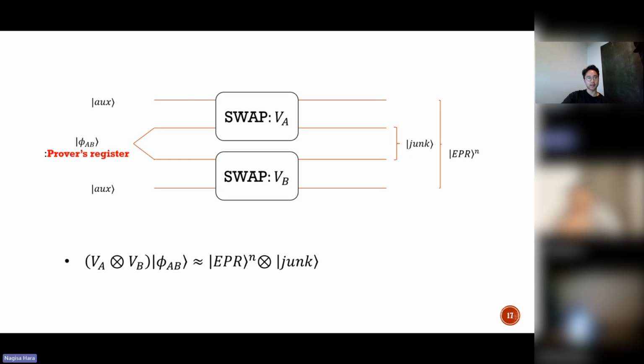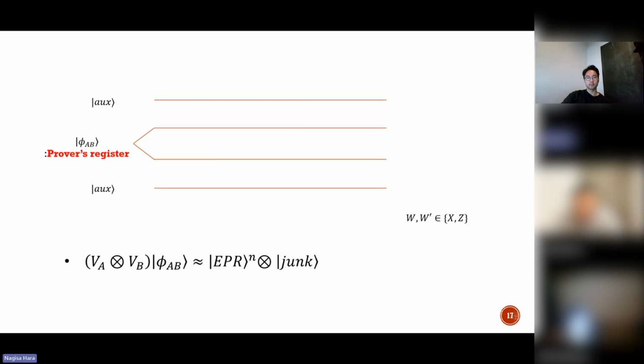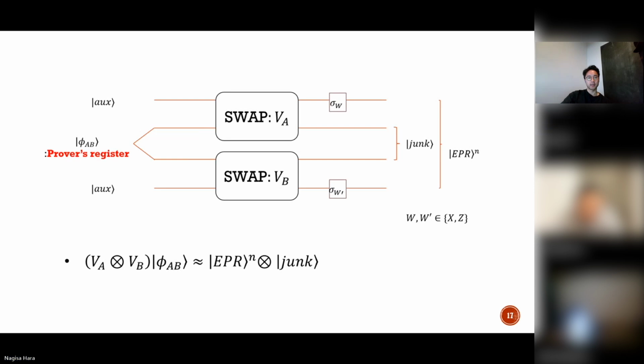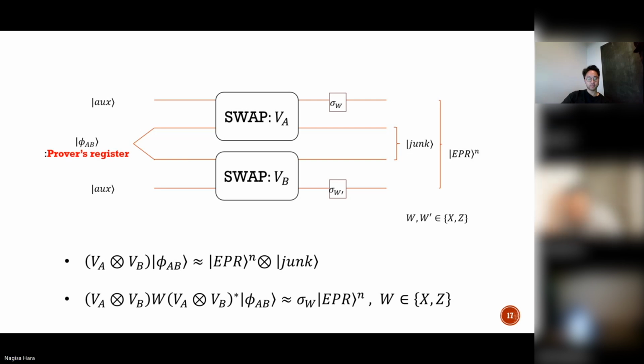Mathematically, you can write it down as follows. Moreover, if you ask them to perform some unitary Pauli X or Z, you don't know if they actually perform it, but the distribution of the middle two wires can be simulated by first applying the swap gadget, and then followed by the actual Pauli matrix on the auxiliary register.